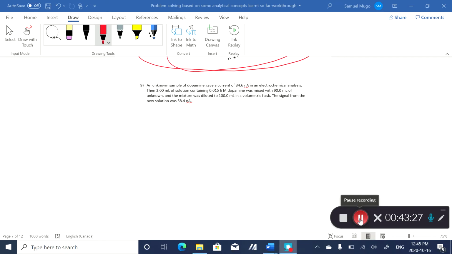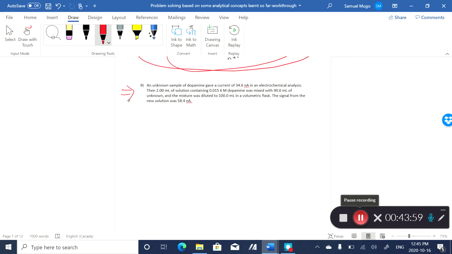So we also previously talked about standardization. And we said, of course, standardization is largely used to correct for matrix effects. So be able to recognize a problem that uses standardization calibration. For example, this problem: an unknown sample of dopamine, which is a neurotransmitter, gave a current.